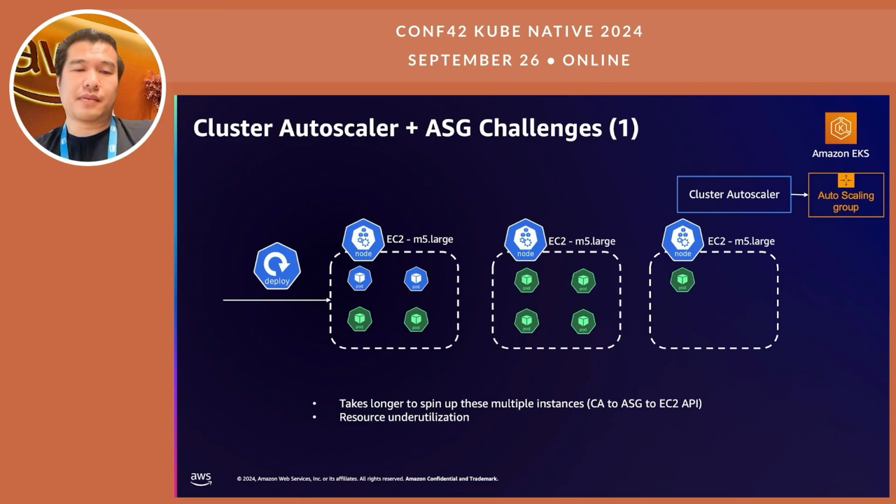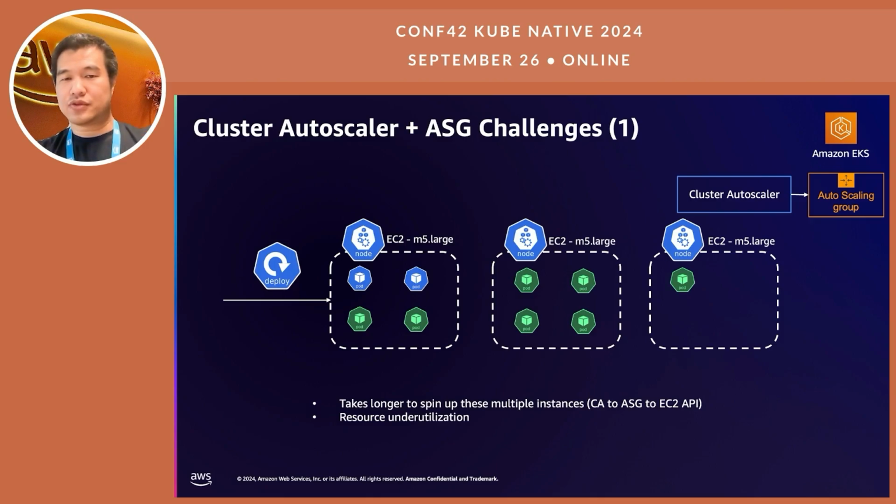And problem number 2: you can observe that on the third instance, we have only 1 pod running, and we still have 1.5 CPU left. This one is underutilized. So we would like to find the right size of node that fits the pods that we need to run. That is the thing that needs to be solved.